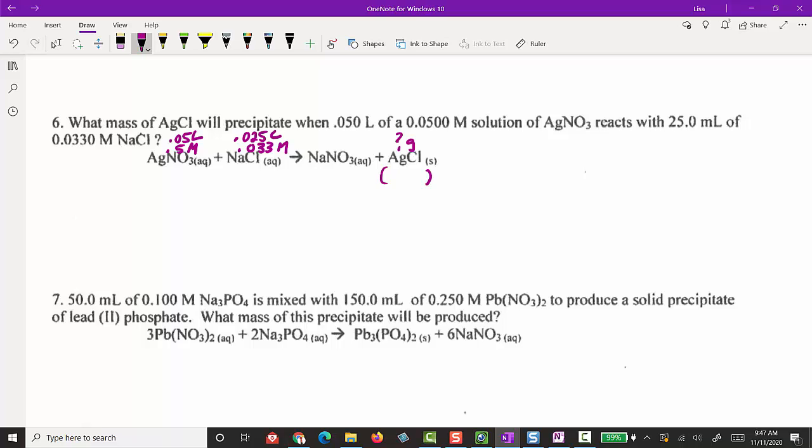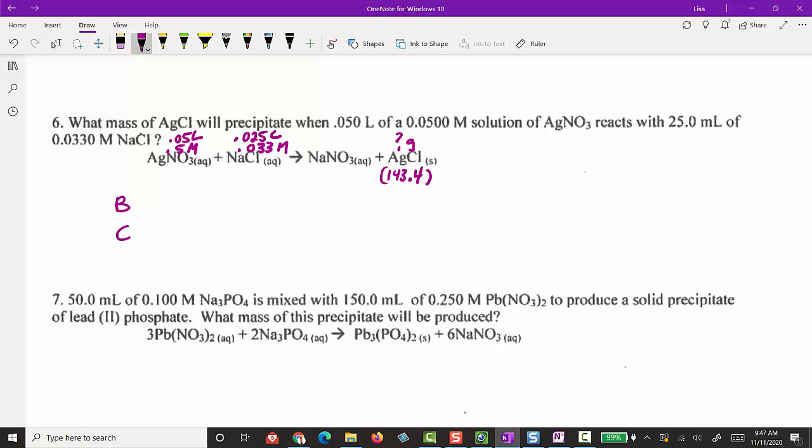Before I even start, let's get that molar mass. 107.9 plus, so 143.4. That's my molar mass there.